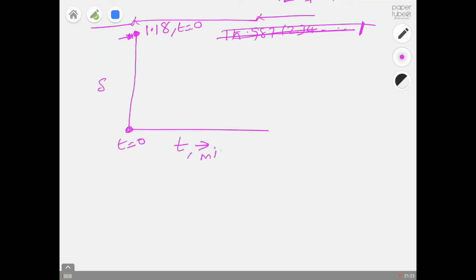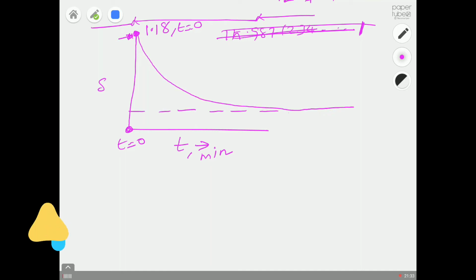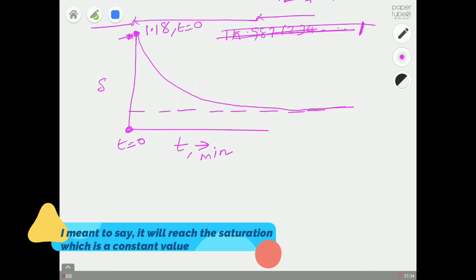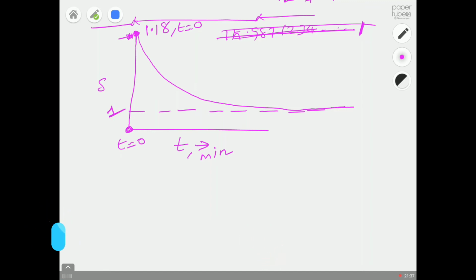Let's express time in minutes, and then it will decrease slowly. Then it will become constant when the supersaturation ratio equals 1. So at that time C by C star will be equal to 1, which means your C approached your solubility concentration, which means there is no driving force.